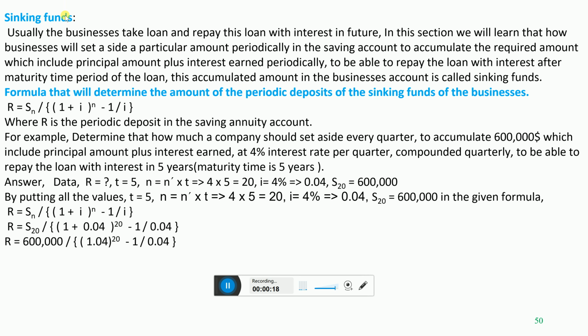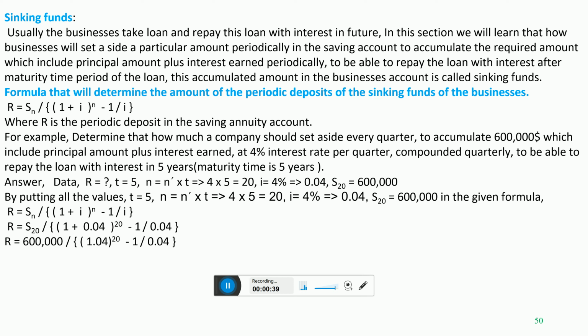What is a sinking fund? Sinking fund means the accumulated amount in the saving account of the company, or the saving account of the borrower. Now the question is: why does the company accumulate this amount?